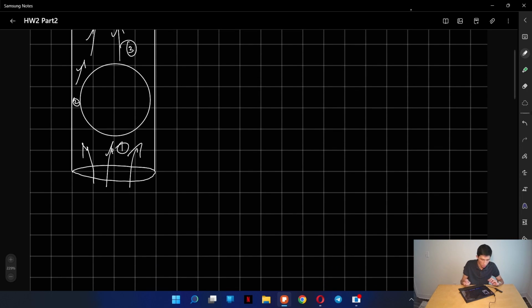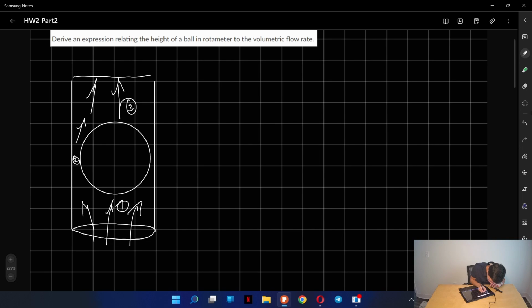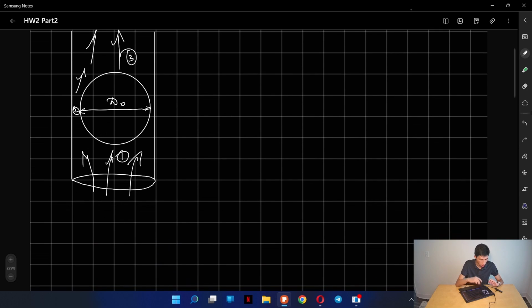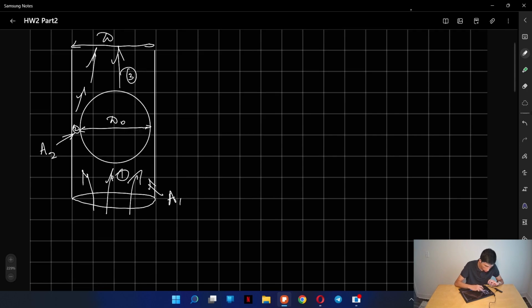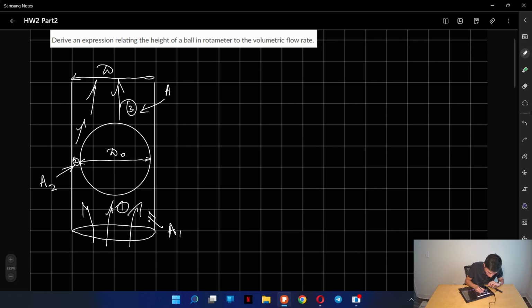We have the diameter of the tube, which we're going to call D, and the diameter of the ball is going to be D0. We also have the cross-sectional area 2, and cross-sectional area 1, which is equal to the cross-sectional area at 3, since we're considering the tube to be just straight for now.